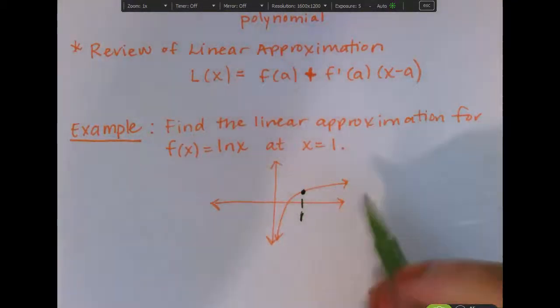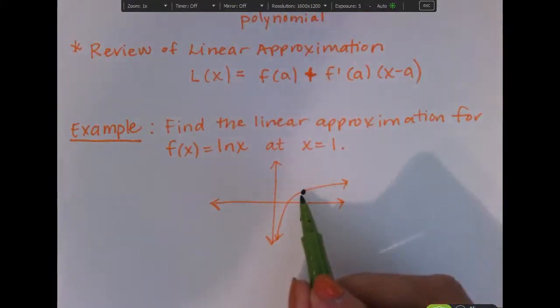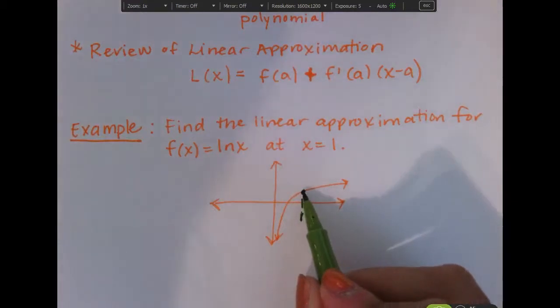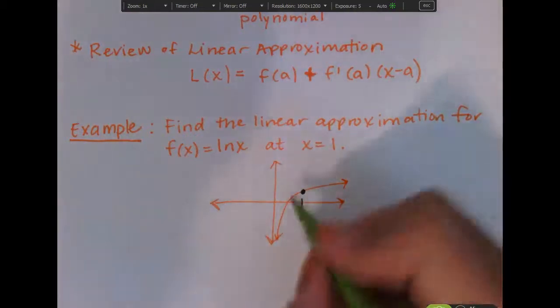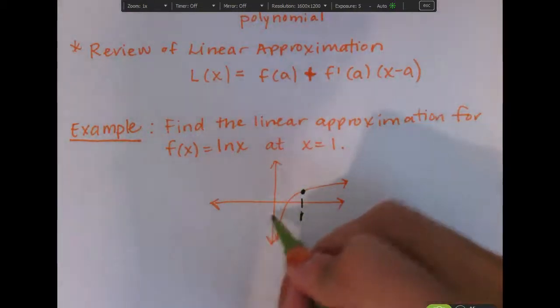I did not draw this to scale, and you'll see later when we actually come up with the answer, and I bet some of you can probably do it in your head right now, you'll know that I did not mark the 1 in the appropriate spot according to my graph, but I'm just trying to give you a general idea.